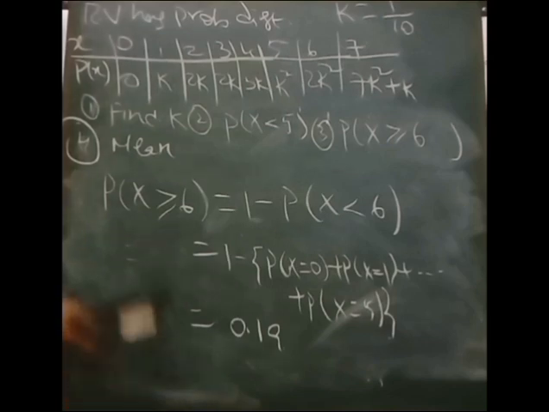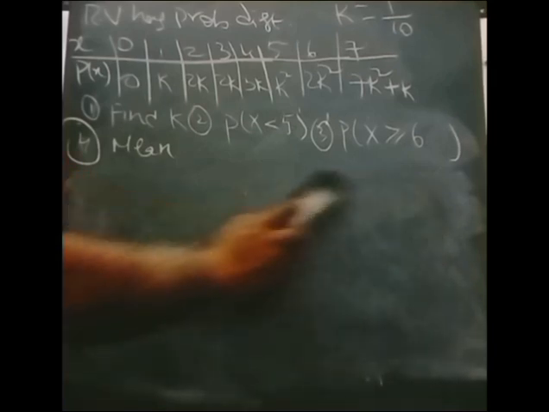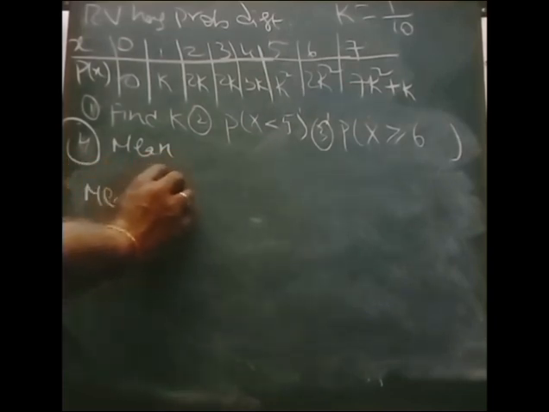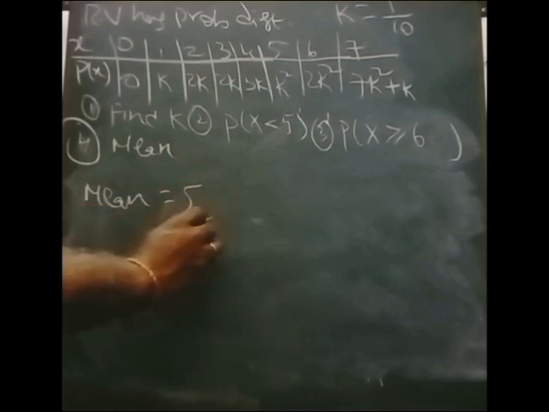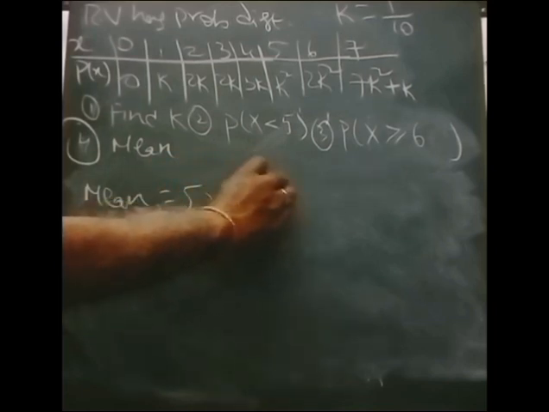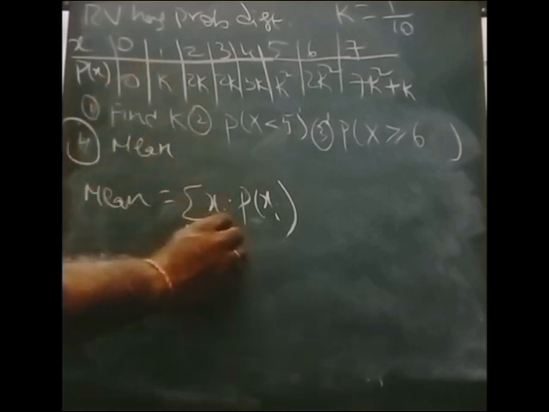And now finally let me determine the mean for the given random variable x. As x is a discrete random variable, the mean of a discrete random variable is given by the formula sigma xi into p of xi, for all xi taking the values from 0 to 7.